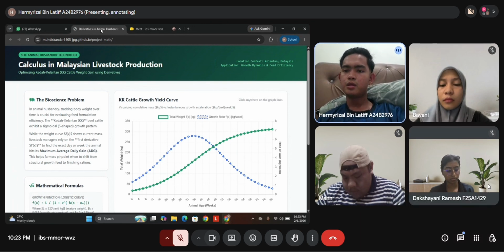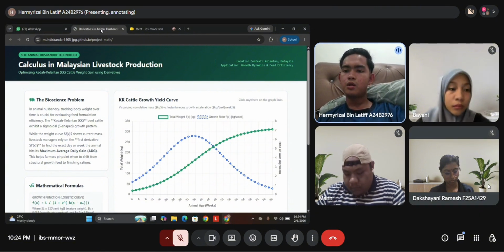Section 3. Data reference and graph analysis. Visual: display the KK cattle curve graph. Use an animated pointer or highlight to trace the green curve first, then the blue curve. This graph contains simulated numbers.